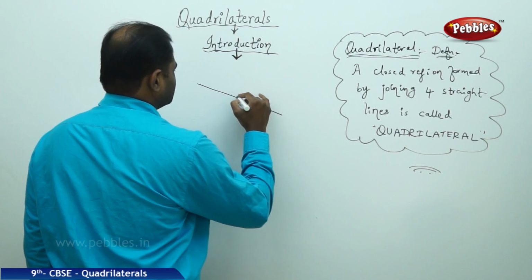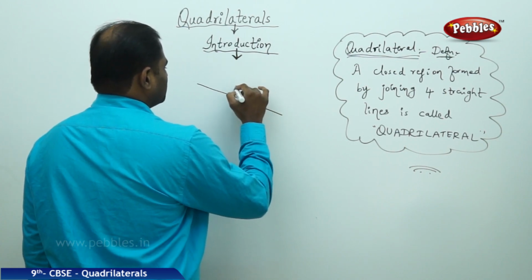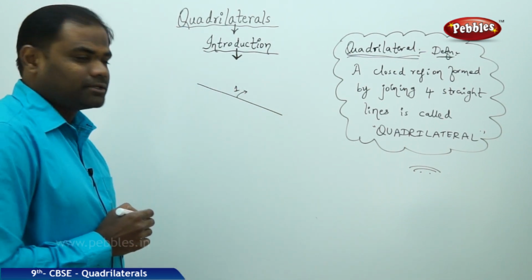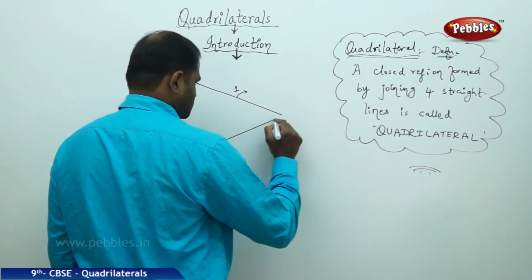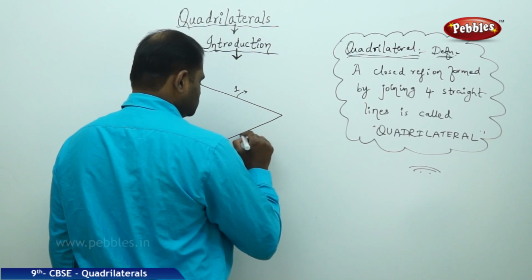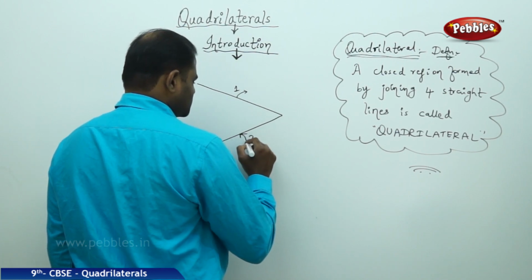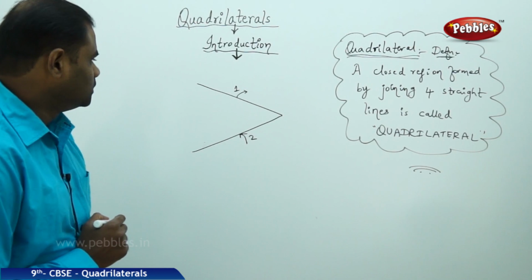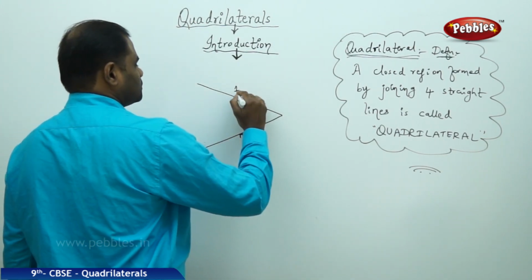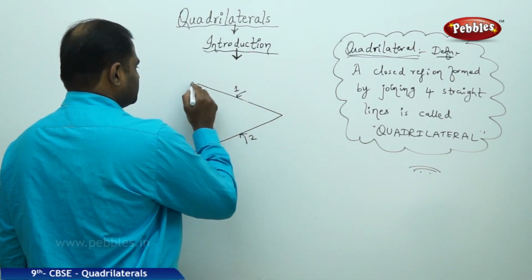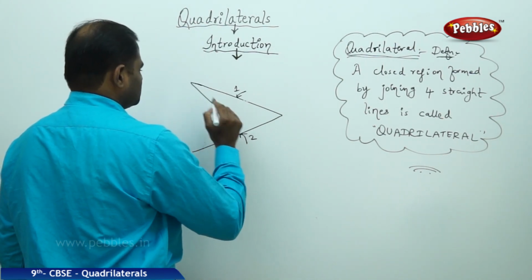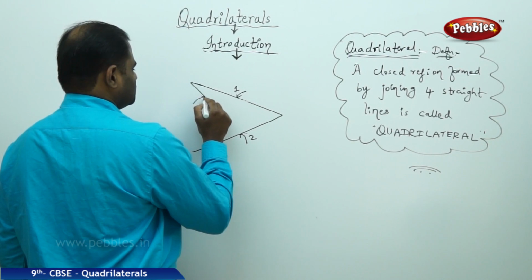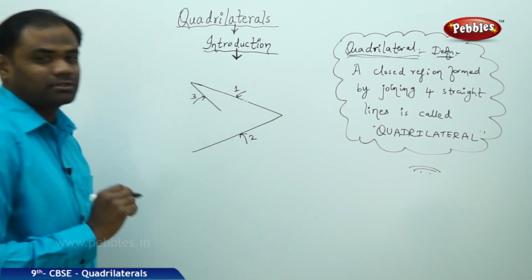Imagine I have four straight lines which are joined as given in the definition. I would like to form a closed region by joining four straight lines in this manner. Imagine I take line 1 and line 2 and put them in this order. This is line 2. Next I have line 3, which is arranged in this manner.